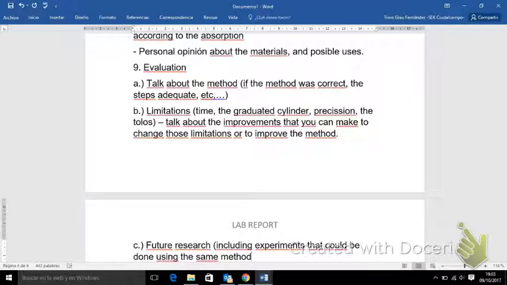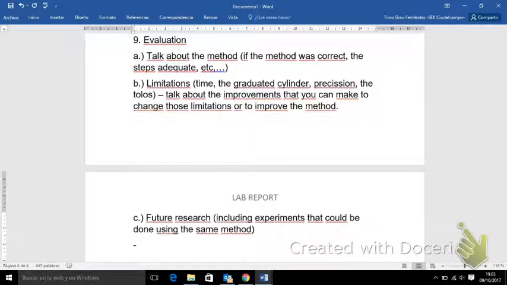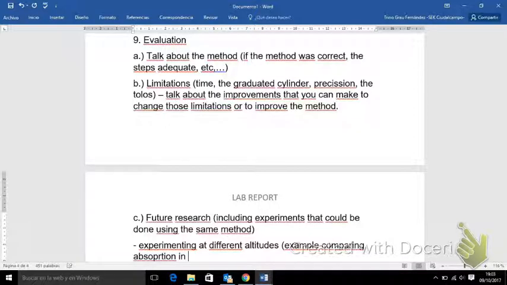For example, you can talk about experimenting at different altitudes. Example, comparing absorption at sea level against Ciudad Campo, or 600 meters over sea level.